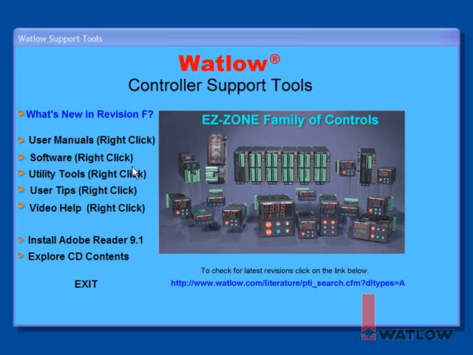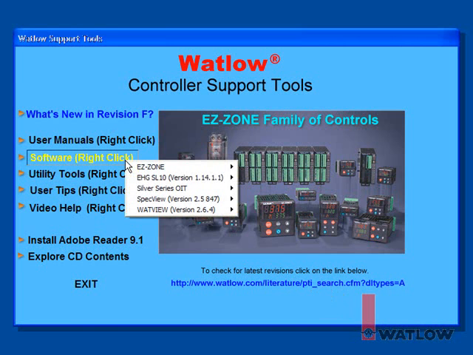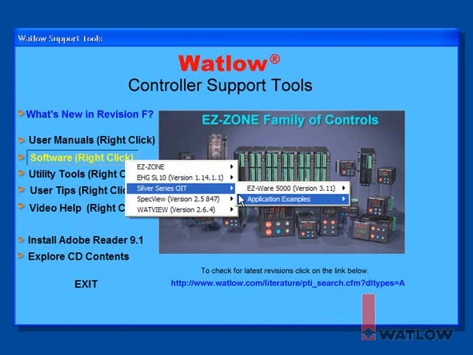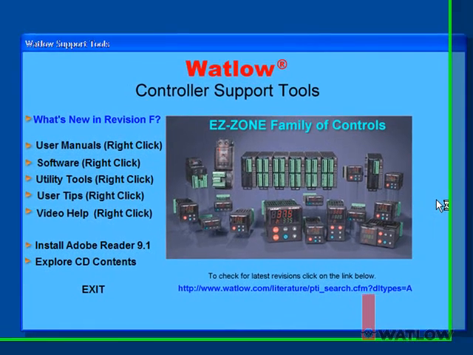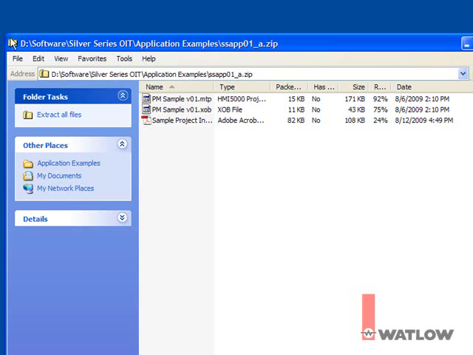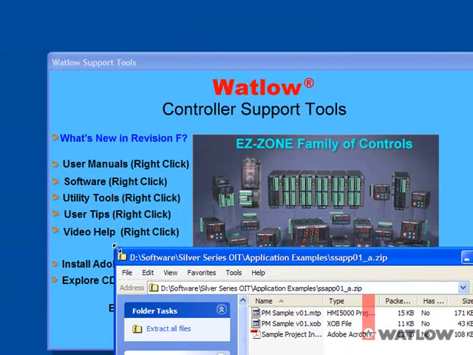In the CD-ROM window, right-click Software, point to Silver Series OIT, then Application Examples, then EasyZone PM, and click Extract Files and Install to local drive. This opens a zip archive.